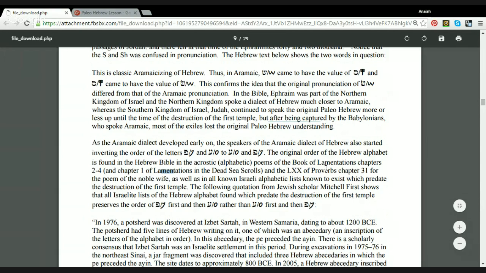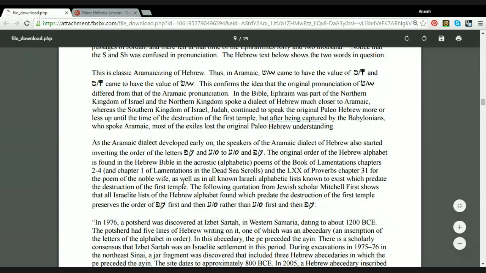And also the Septuagint of Proverbs, chapter 31, has the reversed order. In our Hebrew copies, it's in the more updated alphabet order, Ayin-Pei, but in the Septuagint it's Pei-Ayin, which is more compelling to be the original reading.